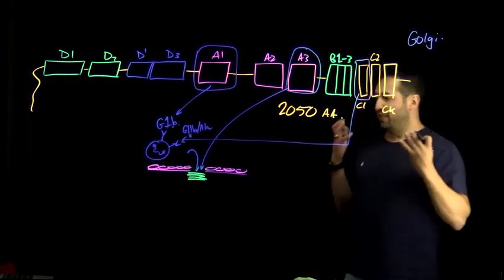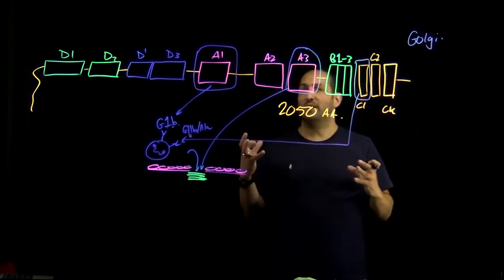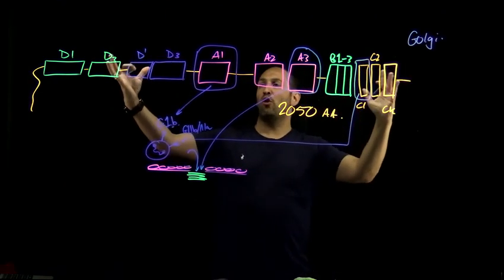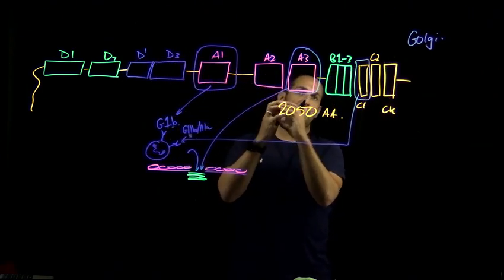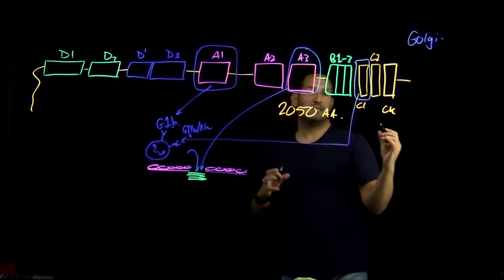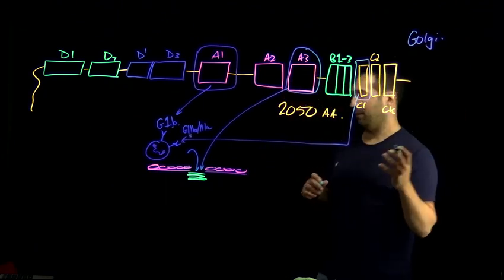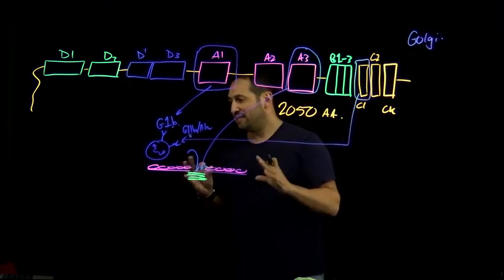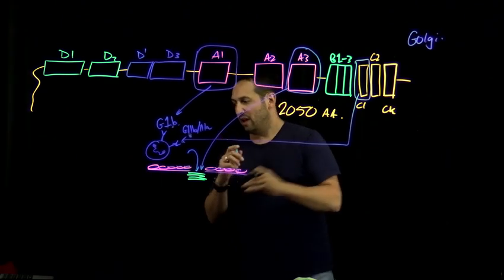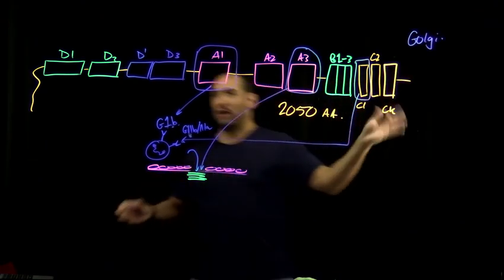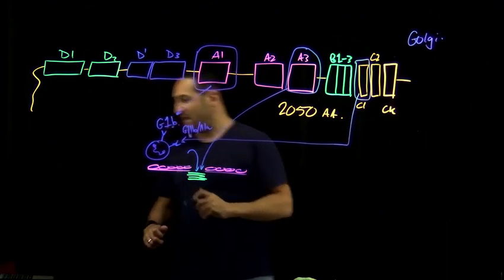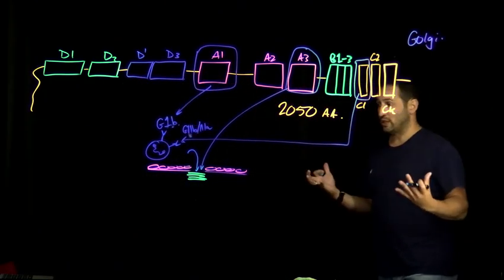Then what you get are these things called pre-pro von Willebrand factors, and they bind together and form something called multimers, which we'll come to in a little bit. These are then transported off so that they can be stored elsewhere.